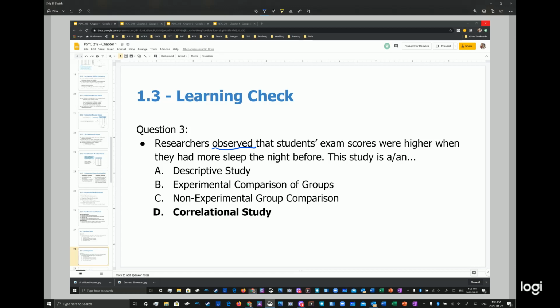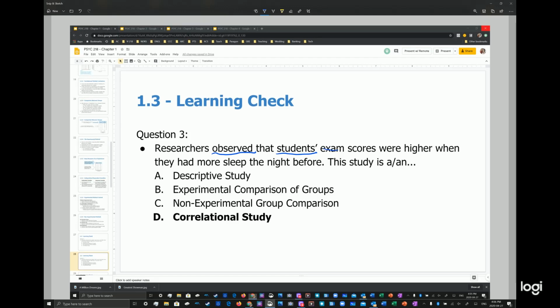Second, they only looked at one group, just the students. And for each person in the group, they had 2 variables, exam scores and sleep. And remember, if there's only one group and the researcher hasn't done anything, you can't say anything about whether sleeping more or less causes the exam scores to go higher or lower. So this would be a correlation study.